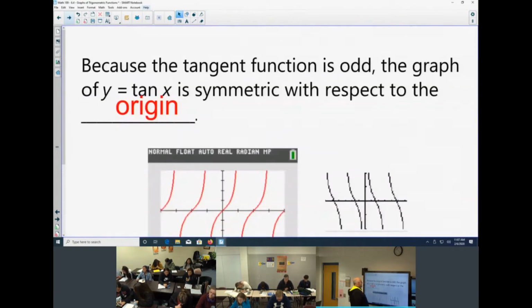All right, next. Because the tangent function is odd, the graph of the tangent function is symmetric with respect to the origin.